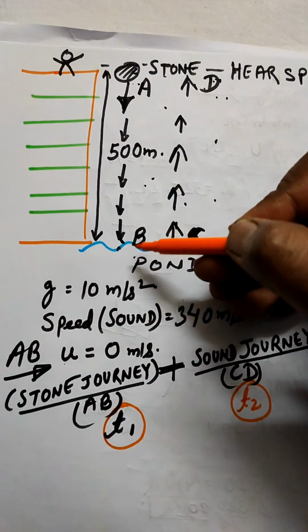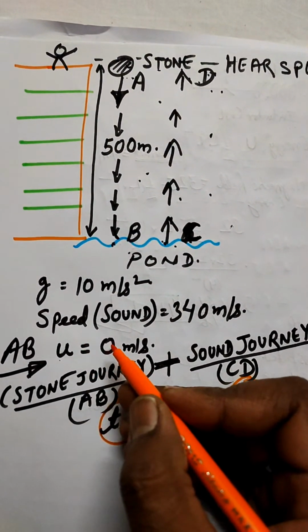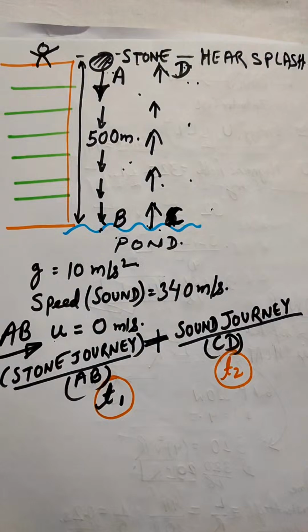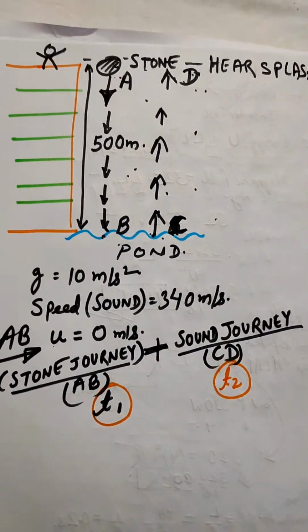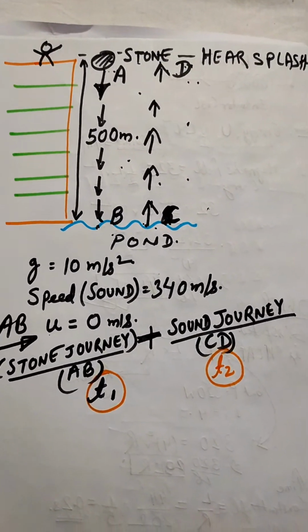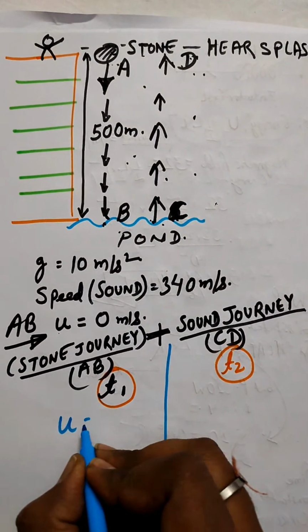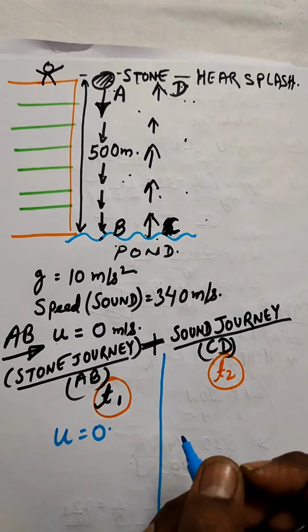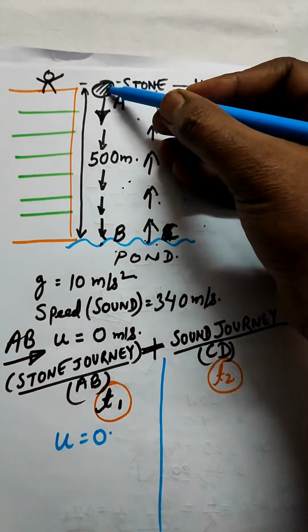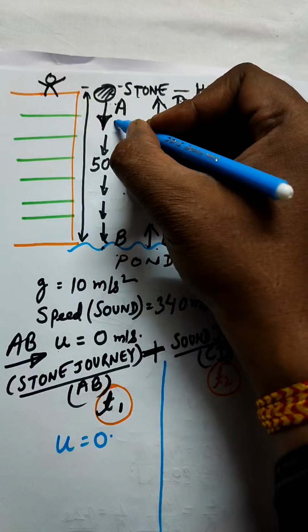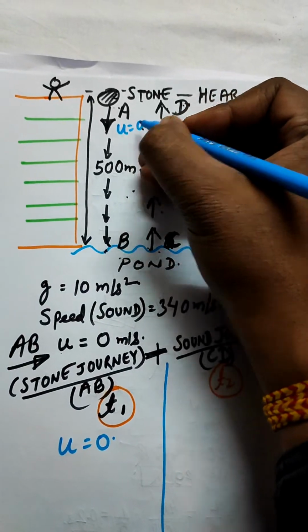Now during A to B, what is the data given? U equal to 0. U is 0. So I'm writing it over here. Let me take some different color. Here U equal to 0, right? Initial, because the stone is dropped, so initial velocity is equal to 0 meter per second.